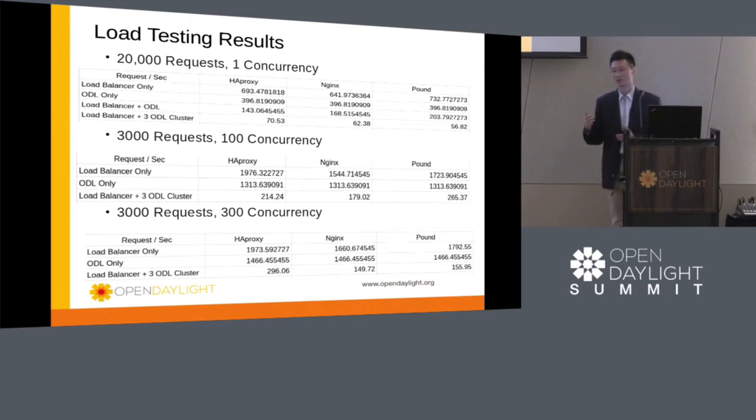And the third is 3,000 requests with a concurrency number of 300. If you look at the table, you can see the performance of those 3 load balancers in terms of REST requests per second almost falls into the same range. There's not a significant difference between them. So from that perspective, they're about the same.